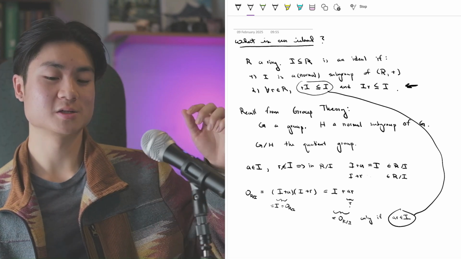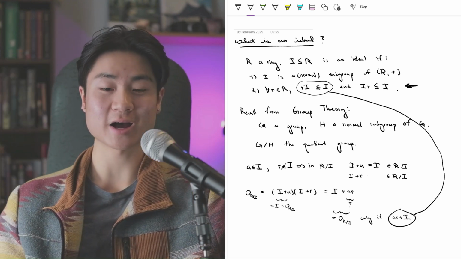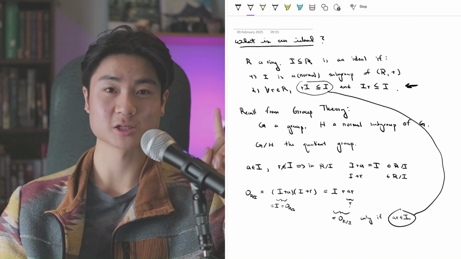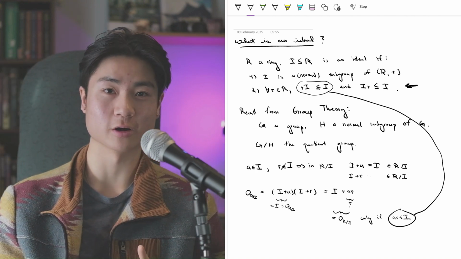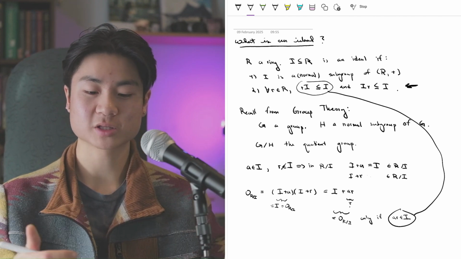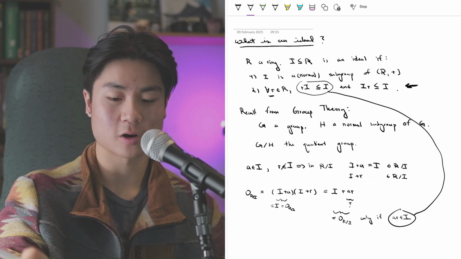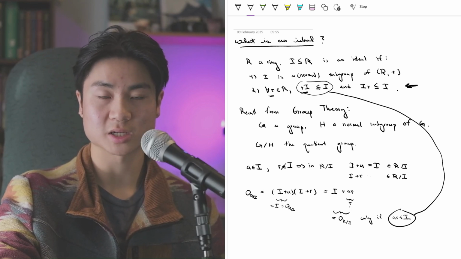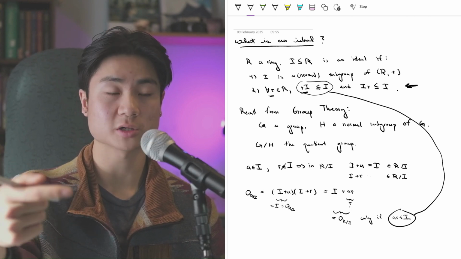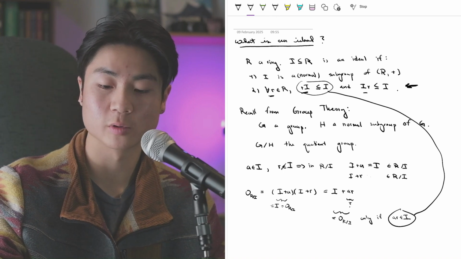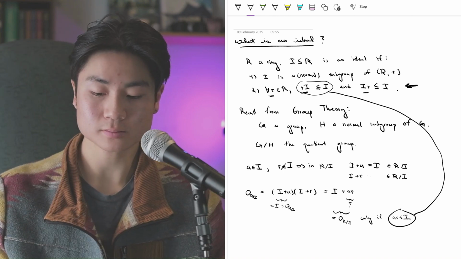So to resume, the first one is that I has to be a normal subgroup of our ring R with respect to addition. And the second one is that we take any element of our ring and we multiply it by our set I, and the resulting set is entirely contained within I. And same thing if we multiply it on the right.